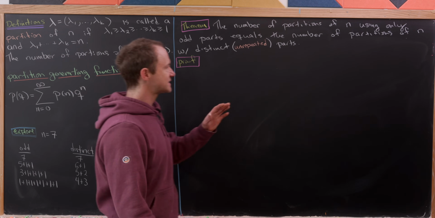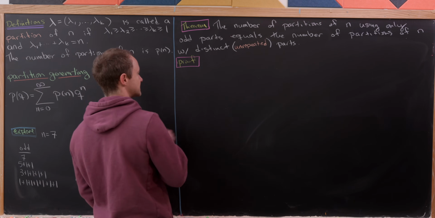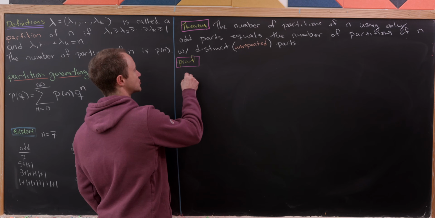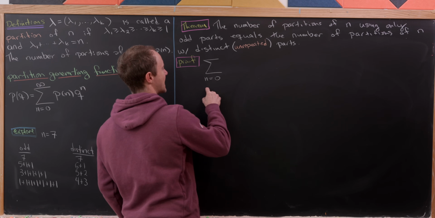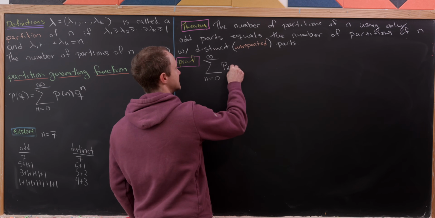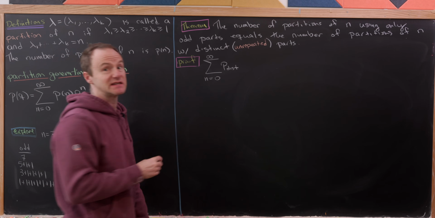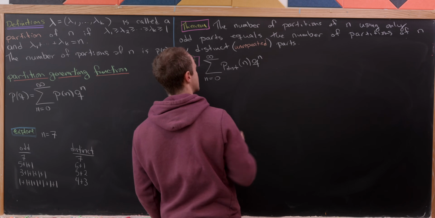Okay, so anyway, now let's look at the proof of this theorem, which will use generating functions. So let's start with the generating function for partitions of n into distinct parts. So I'll write that as the sum as n goes from 0 up to infinity of p distinct, I'll put just dist for distinct, of n times q to the n.